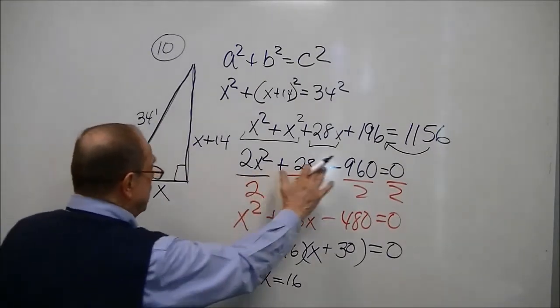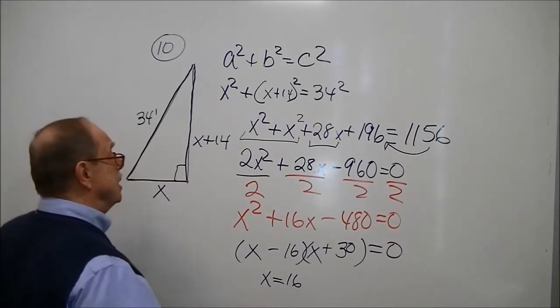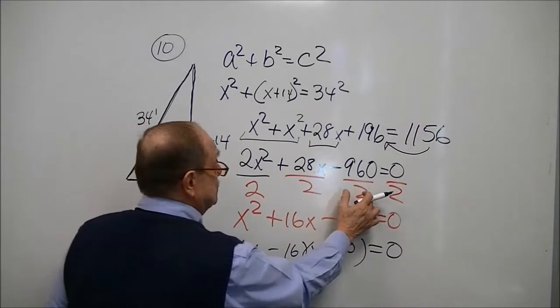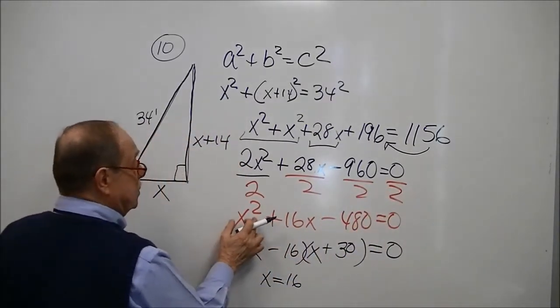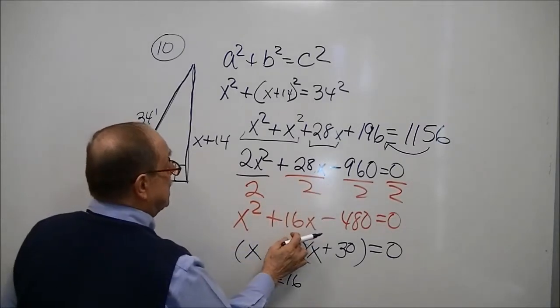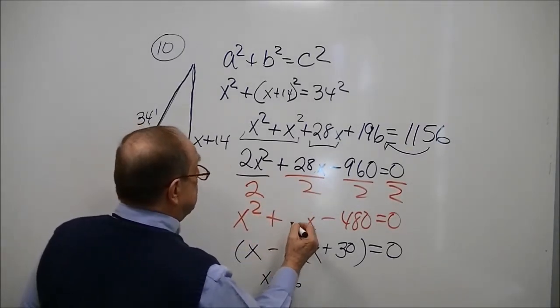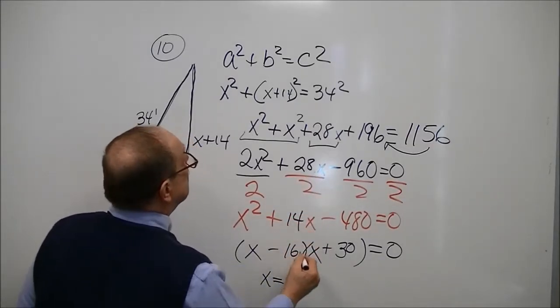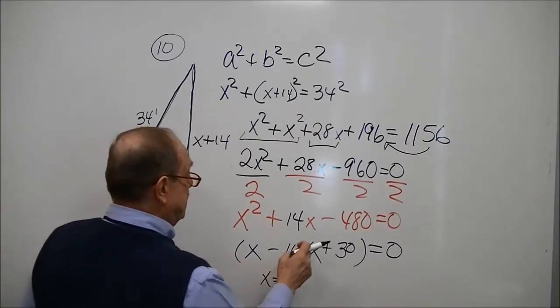Now we could try to factor that, but again, the smaller the numbers, the better off we are. So we're going to divide everything by 2, and we get then x squared, and I have that incorrect here. This is going to be 14. That's better.